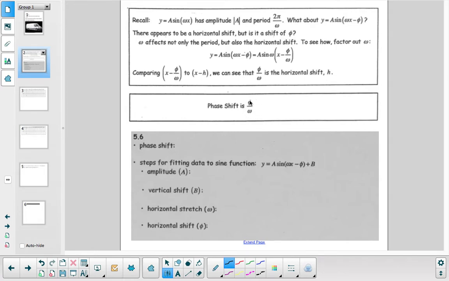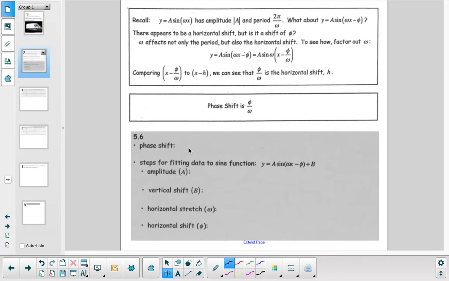So you have to divide this to find the correct horizontal shift before you do anything else. If it's already factored out, then phi over omega is already here, and you get to use that as is. Remember, subtracting is moving right. If you're adding, you're moving left because you're subtracting a negative. But all those things are coming from basically the same idea.